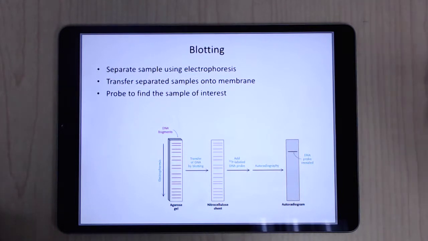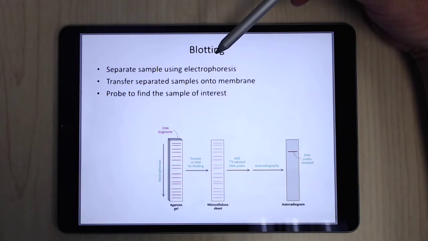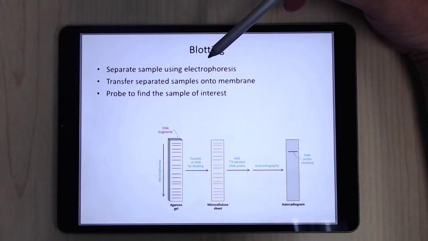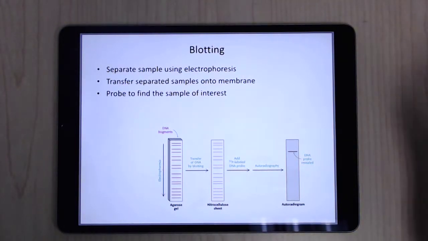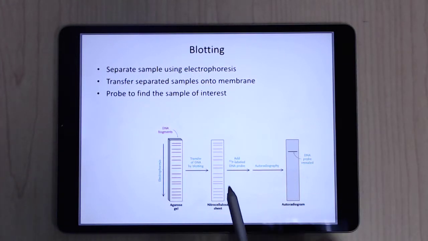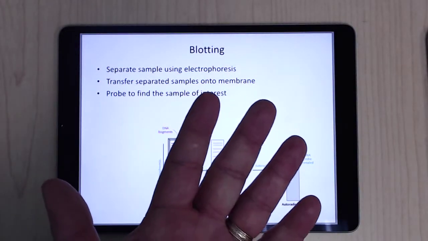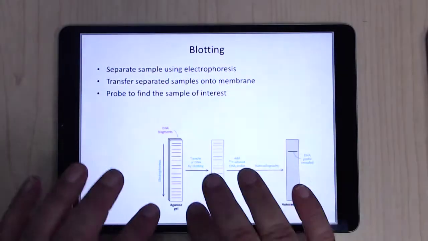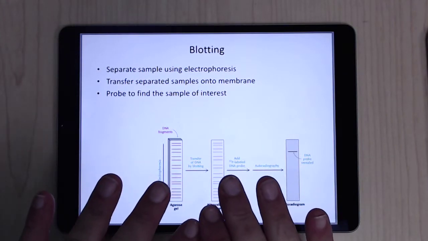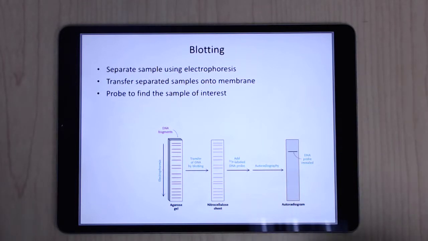You can take the gel, either the agarose gel or the acrylamide gel, and transfer that. Put a charge on this and transfer the material to a nitrocellulose sheet. You literally stick the sheet on there, apply a charge, and the materials will move onto the sheet. You can then take the sheet and do a probe.